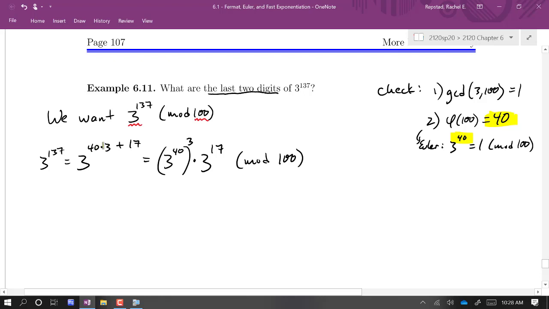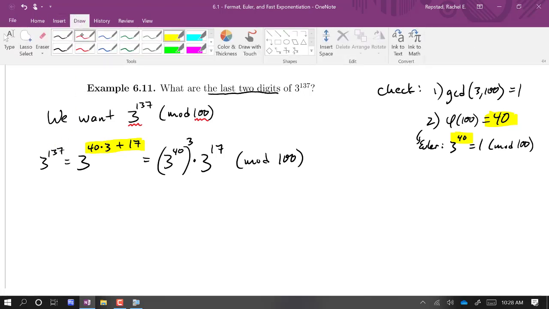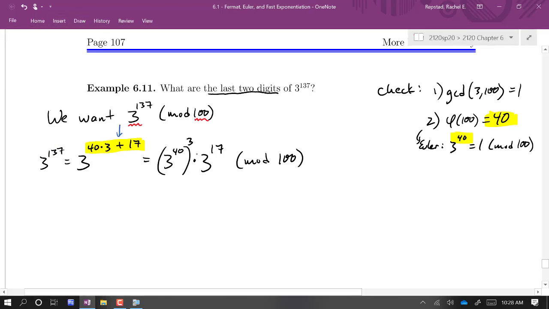So 120 is the highest multiple of 40, and that's 40 times 3 plus 17. If you check 40 times 3 plus 17, that is equal to 137. Because we're adding, that means that we can multiply, and 3 to the 40 times 3, if I'm multiplying in the exponent, that's the same as raising a power to a power.